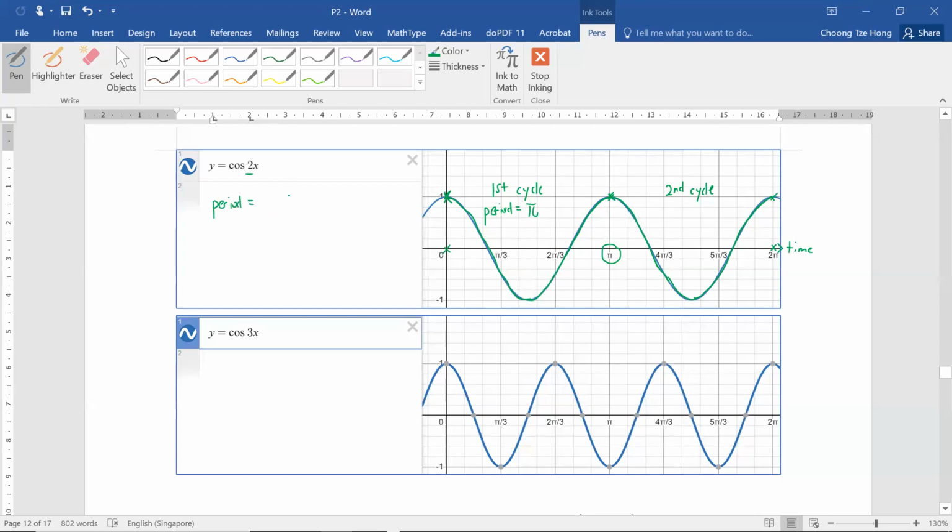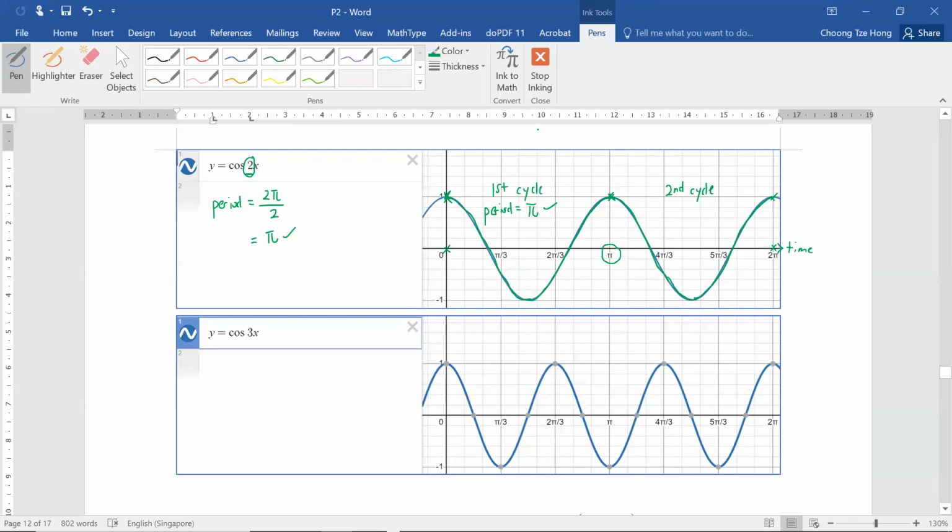We can do that very easily. All we need to do is take 2 pi, divide by the number in front of x in the trigo function. The number in front of x is 2, so we divide by 2 and get the period pi, as we can see from the graph.